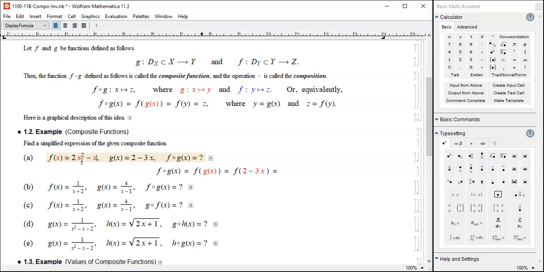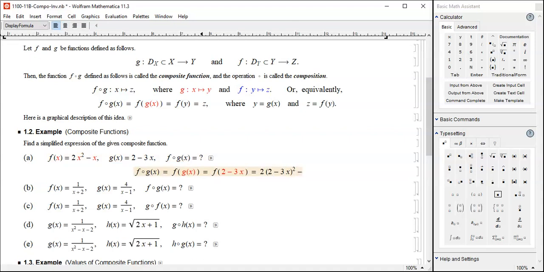So in place of these two x expressions, we substitute 2 minus 3x. So 2 minus 3x goes here in the left-hand side. I have to do the same thing in the right-hand side, here and there. So this is 2 times (2 minus 3x) squared minus (2 minus 3x).